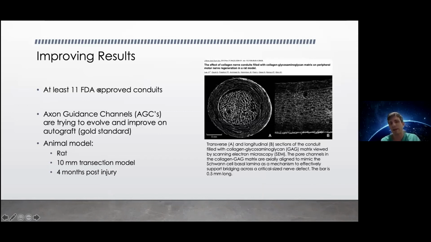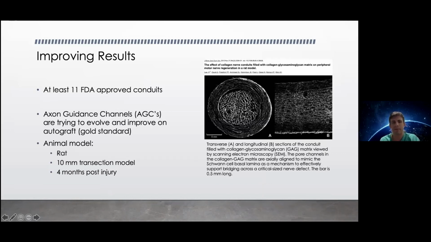Okay, what about new improved conduits? Well, the FDA has at least 11, probably more. I couldn't find any updated literature on that, but let's say a dozen at least conduits that are FDA approved for nerve repair. What makes these different from just a hollow tube? Well, they have some structural support.